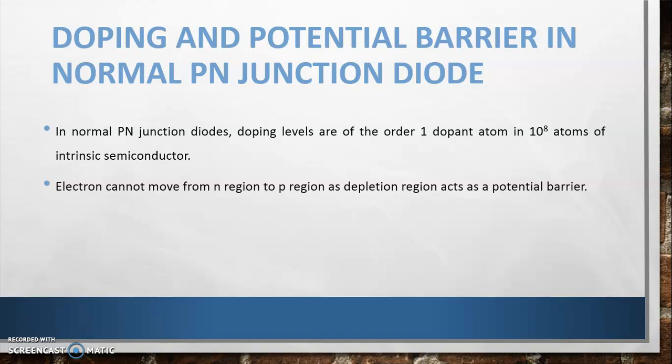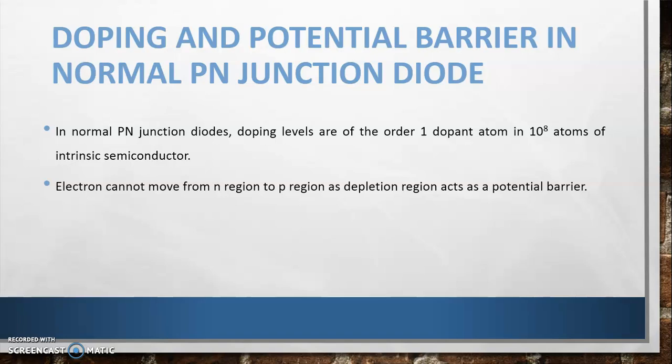When electrons and holes move from one side to another, they recombine and a depletion region is formed, and due to that the depletion region gets a potential barrier, and that potential barrier stops the recombination of electrons and holes.